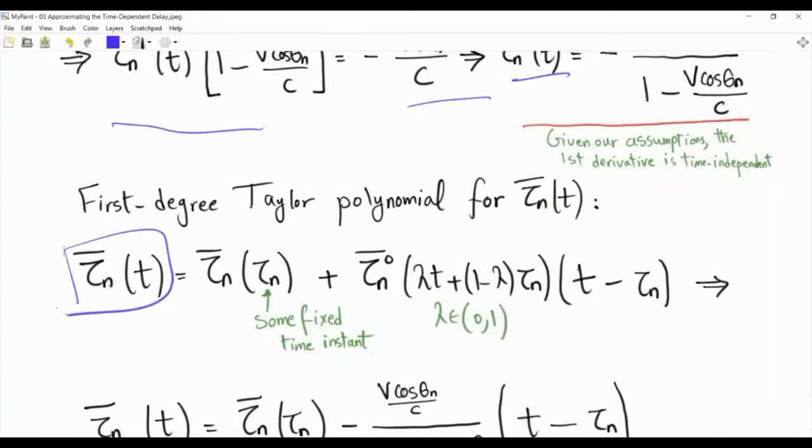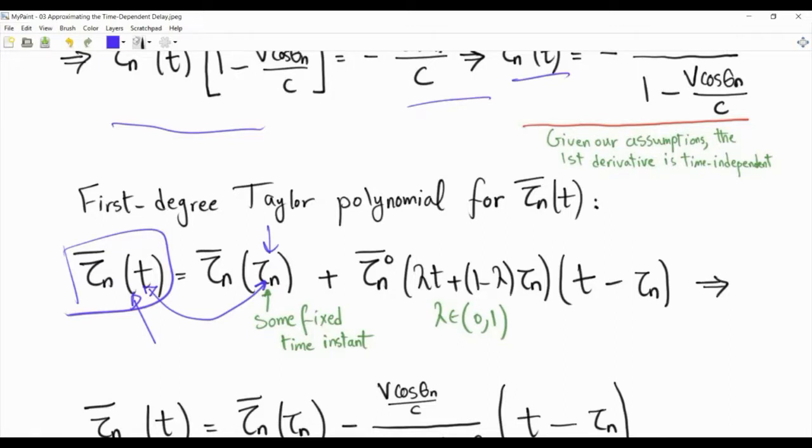Of course, at the moment I took the first derivative, I'm assuming that this function is differentiable, and hence I can write down this first degree Taylor polynomial. So the delay at time t is the delay at some arbitrary time tau of n, plus the first derivative evaluated at a point between t and tau of n, and then you multiply by t minus tau of n.